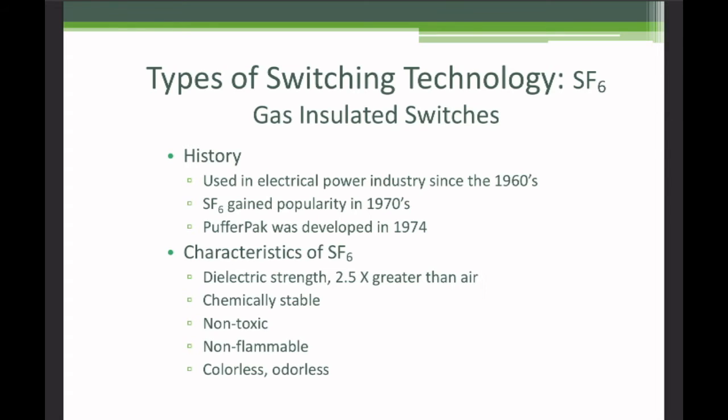In 1974, they introduced a design called the puffer pack, the first one that really started working well, and then they started selling pretty well. So although this technology is 70 years old from its inception, it's really only about 50 years old in terms of how long it's seen widespread use.